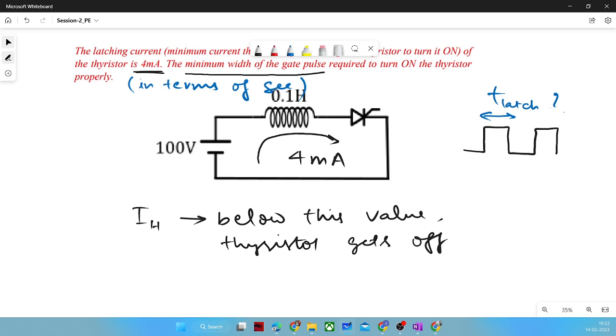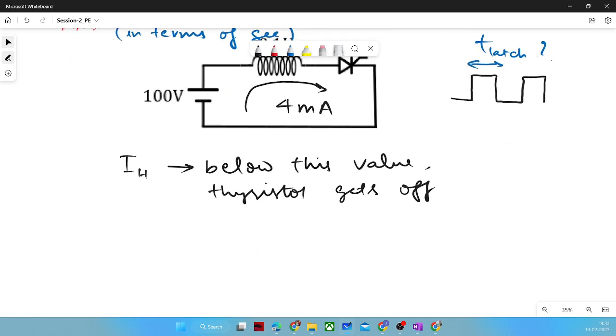Initially the thyristor is off. Now we are providing the latching current. So current is changing from 0 to 4 milliampere. Can you recall any relation between inductor voltage and current? Yes, L di by dt. Perfect. So V is equal to L di/dt.